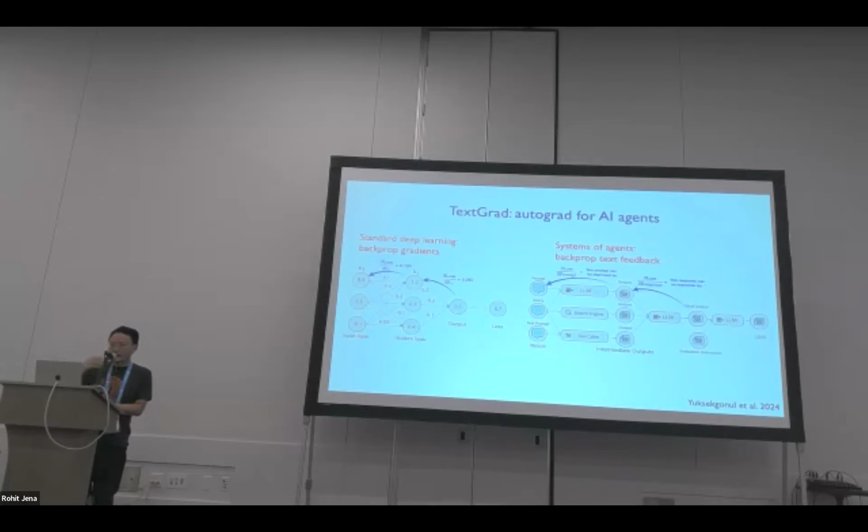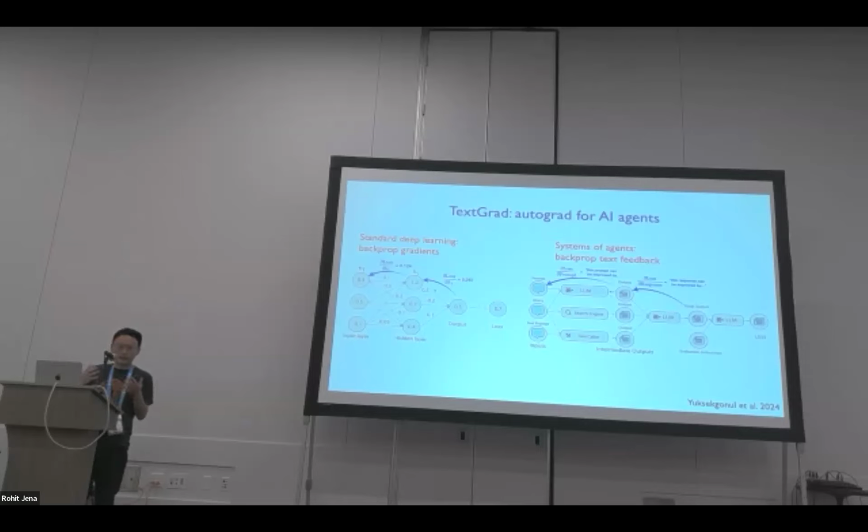And in this future where we want to train these agents, I think the big challenge now is how do we actually optimize these agents? In the previous settings, we have backpropagation and gradient descent using PyTorch, where you can backpropagate gradients. But now we have these systems of agents with all these non-differentiable tools.